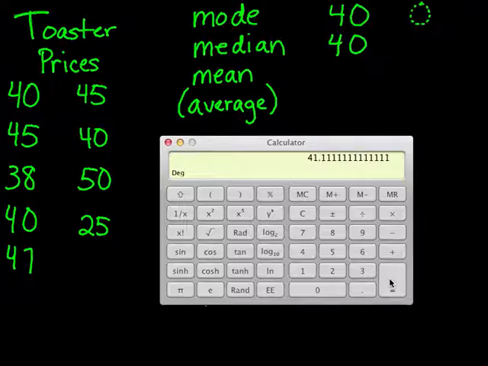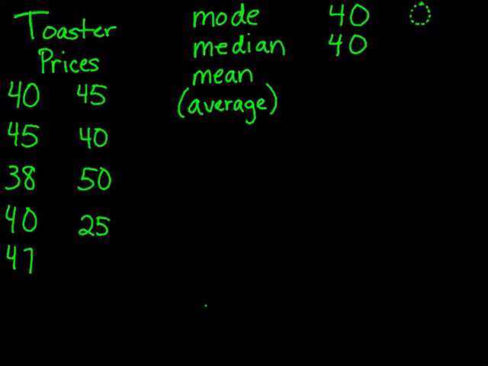In this case, we're going to round, and we're going to round to the nearest tenth. So our answer, the average, the mean, is going to be 41 1/10 for the average price of the toasters.